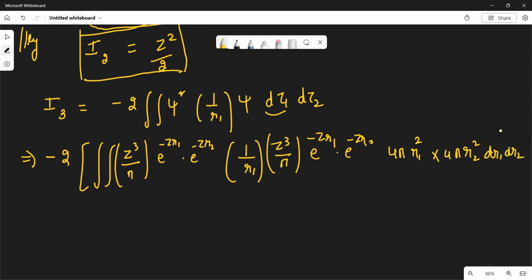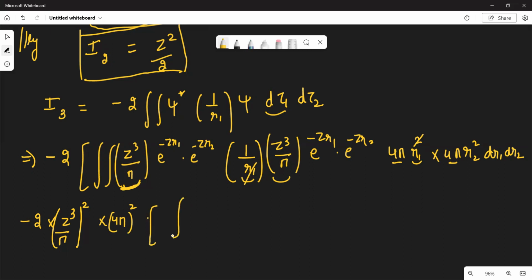Now again we will take out all the constant terms outside the integration sign. We have this factor 2 times, so we'll write z cube by pi whole square. Also we have 4 pi 2 times. And here we have r1 square, here we have r1, that will be cancelled out. So I'll split the integration also.